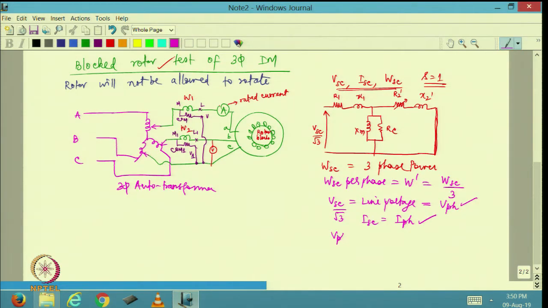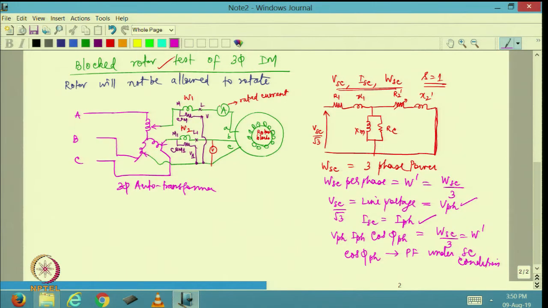So, I can say V phase I phase cos phi phase equal to WSC divided by 3, which is equal to W dash. So, these are available with me. So, I should be able to get cos phi phase. This will actually be the power factor under block rotor condition or short circuit condition.